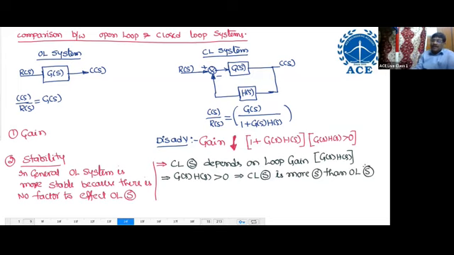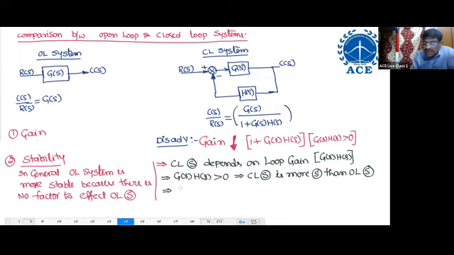In case the loop gain GH is greater than 0, the pole is shifted towards the left side. That's why the closed loop system becomes more stable than the open loop system. It depends on K also, but there is still a possibility that the closed loop system is more stable.